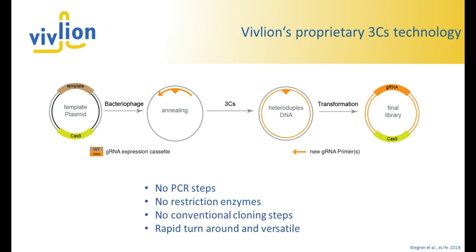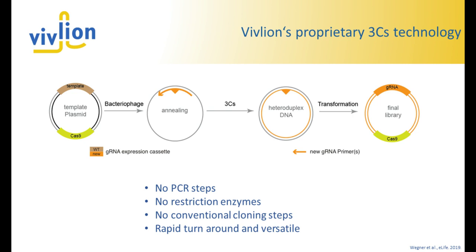We anneal oligonucleotides to it with 5' and 3' homology, and the triangle in that orange arrow indicates the new sequence that we would like to integrate. Now we don't do PCR, but instead we extend this primer towards its own tail, thereby generating a heteroduplex of, in gray, the old template strand, and in orange, the newly synthesized strand.